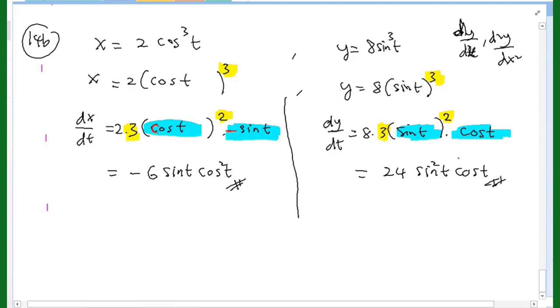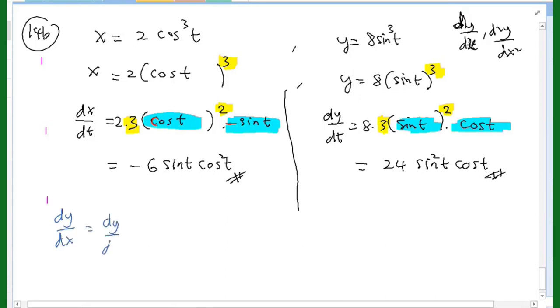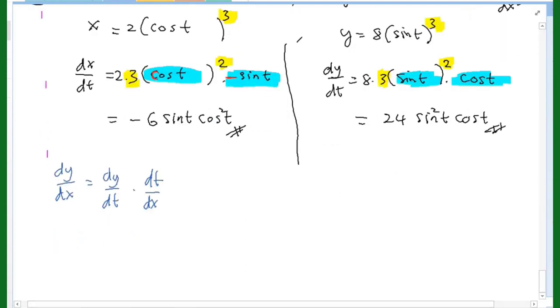You want to find dy/dx. dy/dx is equal to dy/dt over dx/dt. Because all the same, you'll get familiar with the formula.